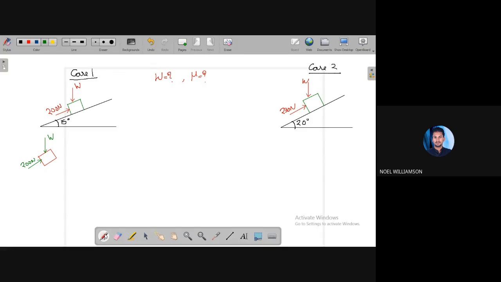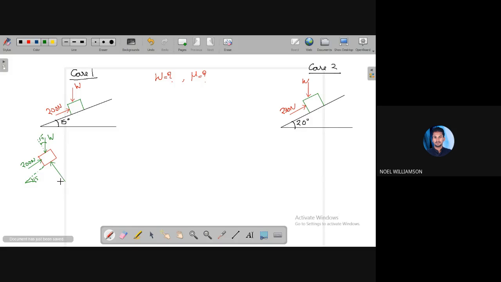Now this is inclined at an angle 15 degree, right? Therefore, this is also 15 degree. And here you will have a normal reaction, let it be N1.